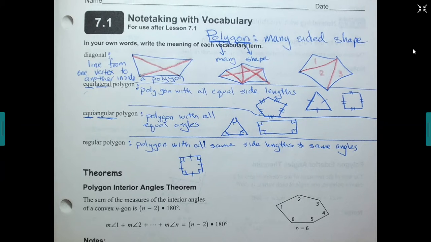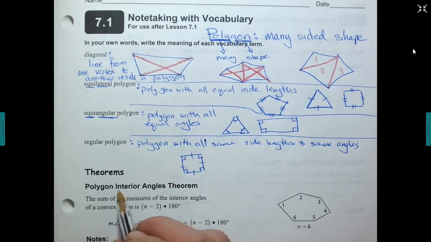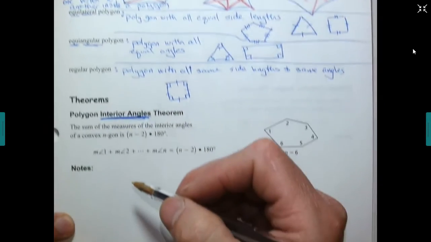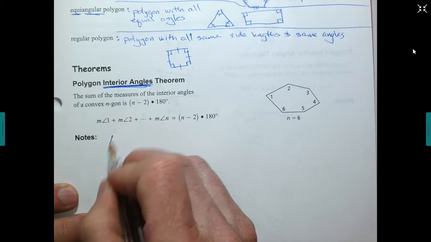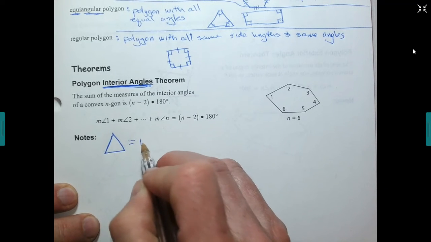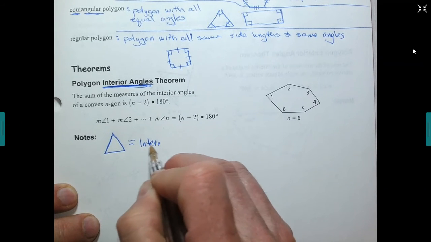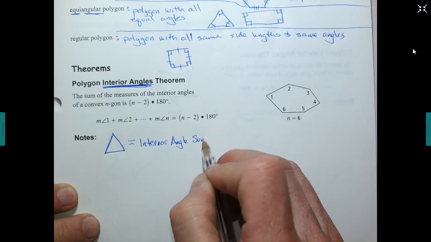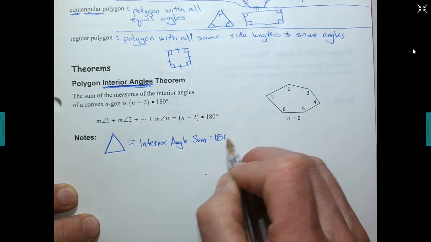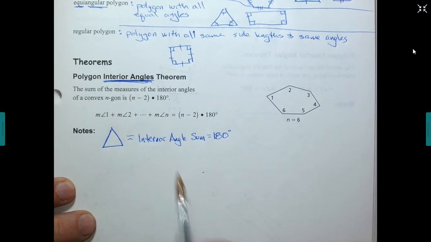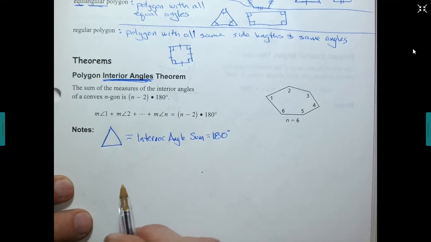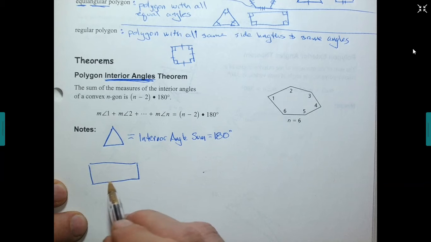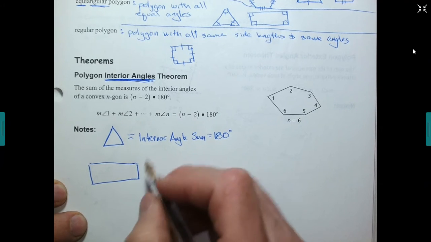Okay, now we're going to talk about the interior angles. So we've learned that when you have a triangle, the total interior angle sum equals 180 degrees. If you have one triangle, the interior angle sum equals 180. What if you have a regular rectangle?